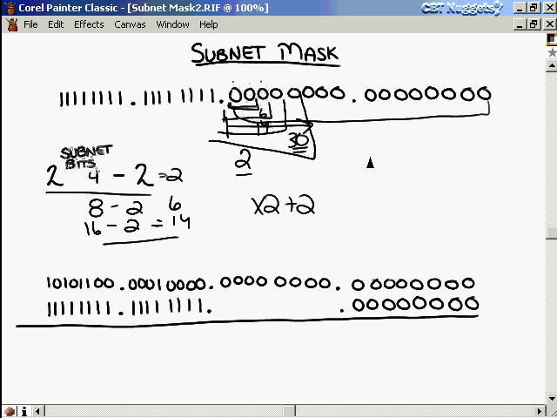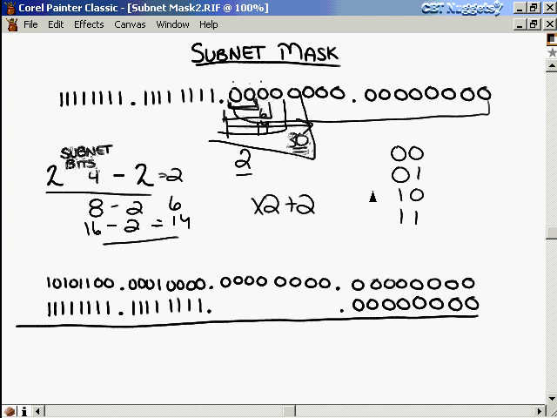All right, so let's break out the binary code on that. When I say I can use these 2 bits here and have 2 subnets available, this is what I'm saying. The possible combinations with those 2 bits are 00, 01, 10, and 11. That's what these 2 bits can be represented as, because the only 2 states in binary are 0 and 1, right?